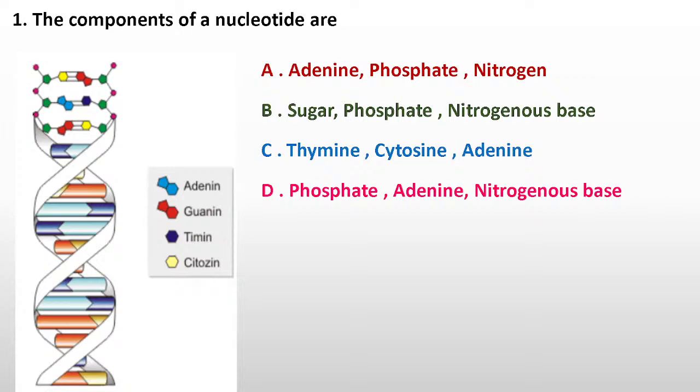So here in this particular image, you can see adenine and guanine. There are two rings shown to indicate that it is a double ringed compound, that is, these are purines. And the single ring structure shows you that these are pyrimidines. Okay. So the correct answer for this question is B. So the components of a nucleotide are sugar, phosphate and nitrogenous base.